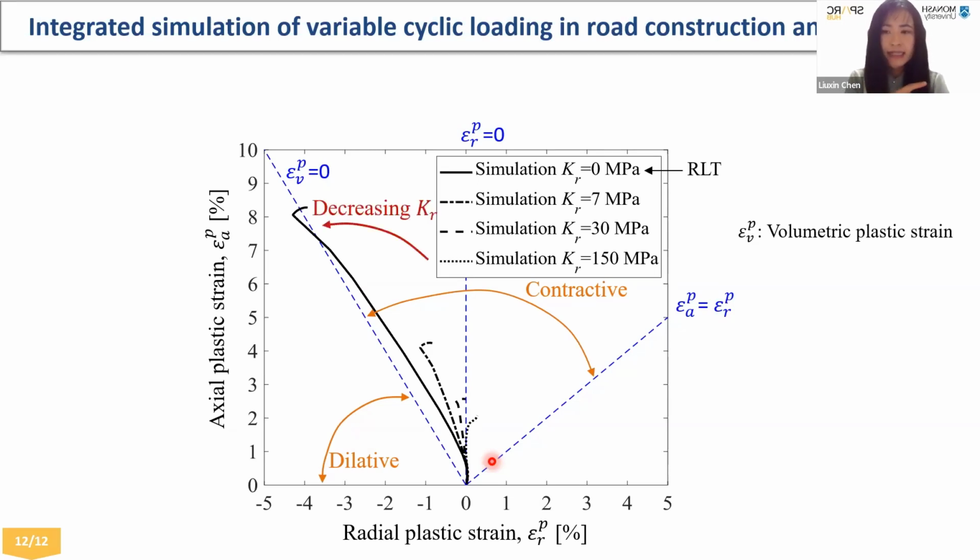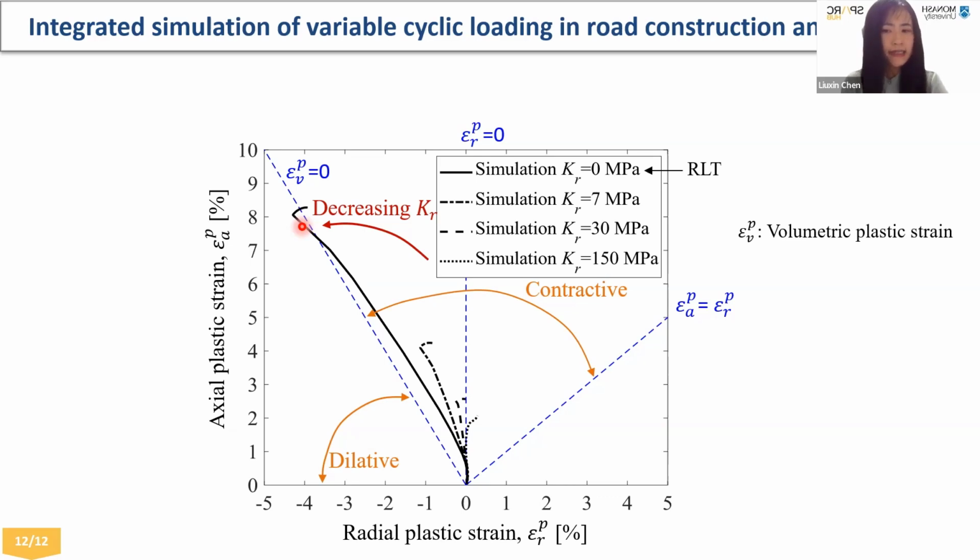When decreasing the KR value, for example, to 0 here, which means like RLT, confining pressure doesn't change. So you see this guy. There is a small part falling into this dilation zone. That means the sample has dilated during cyclic loading, which means weakening. So this scenario may not happen in the field.